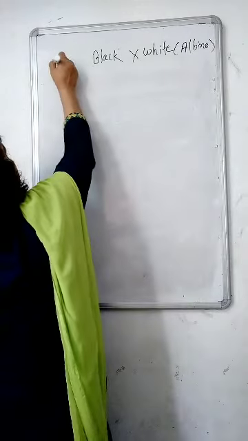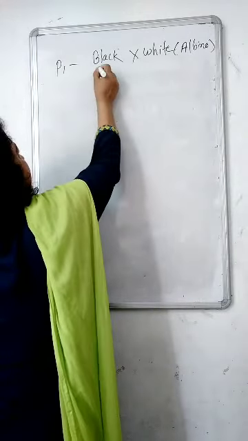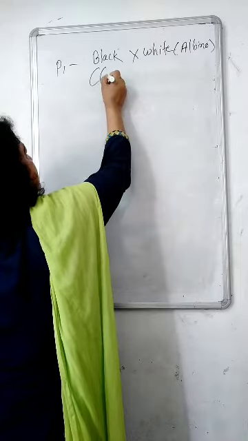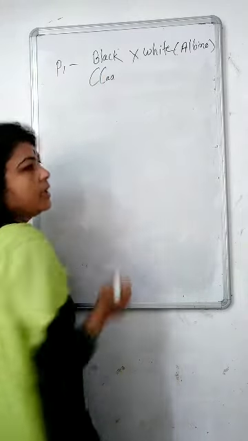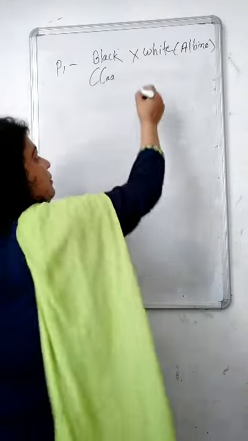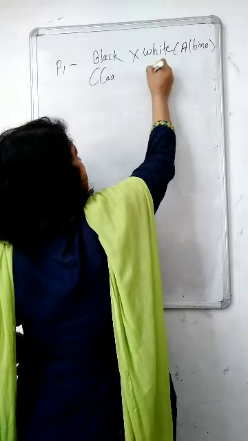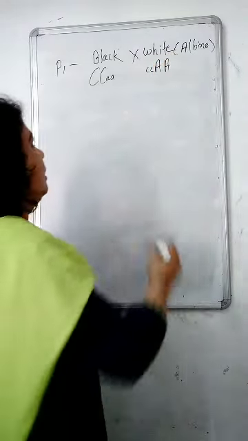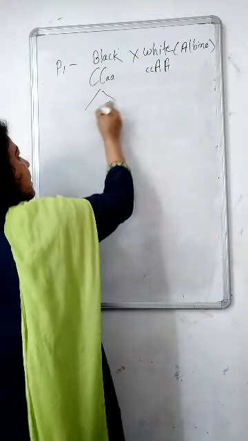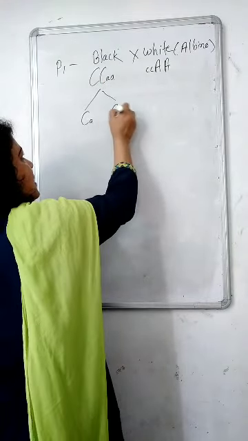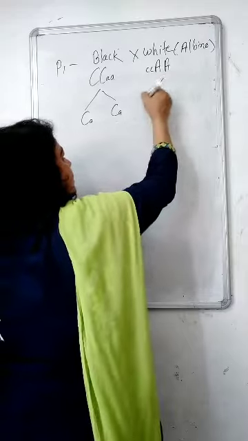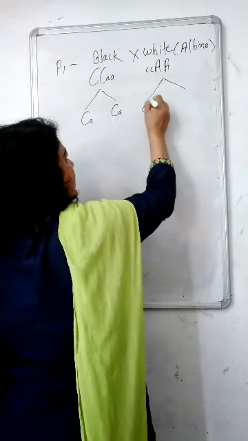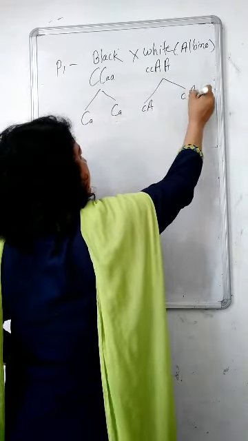So black is the parent, capital C, small a. And the white is small c, capital A. The black produces gametes capital C, small a, and the white produces gametes small c, capital A.